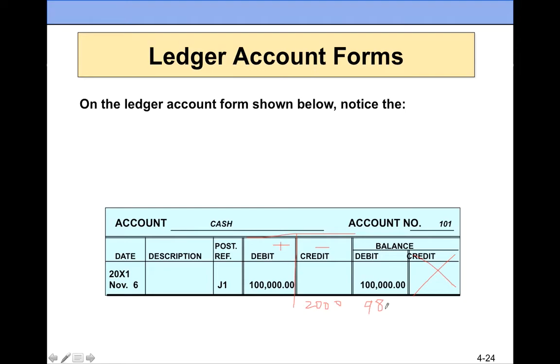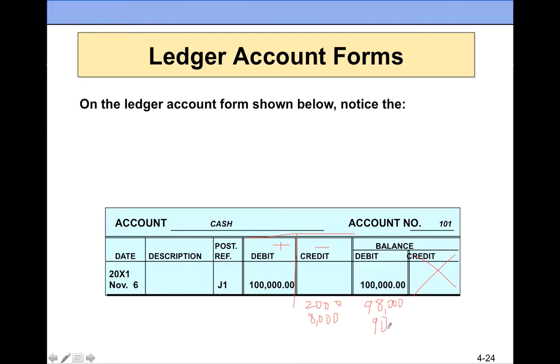So you run balance just like that. Your balance can never be for cash on the negative side, cannot be credit. And then I write another check for $8,000 for whatever expenses or whatever I purchased. So I credit cash, and then what happens to my balance? 98 minus 8 equals to $90,000.